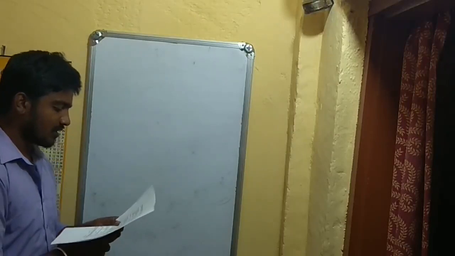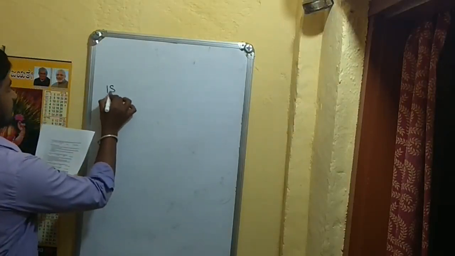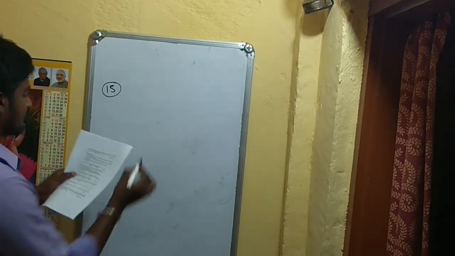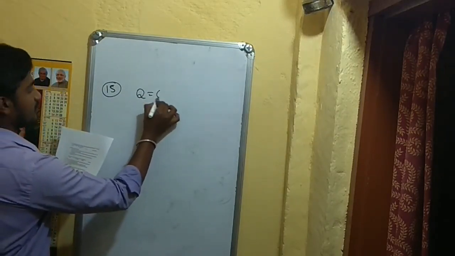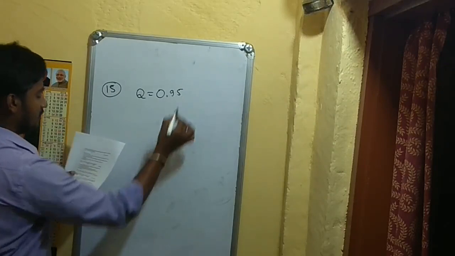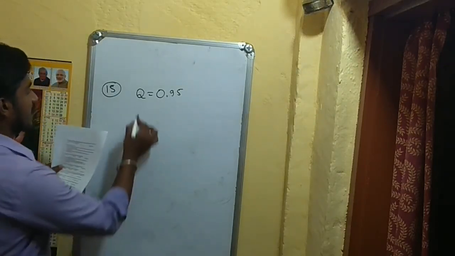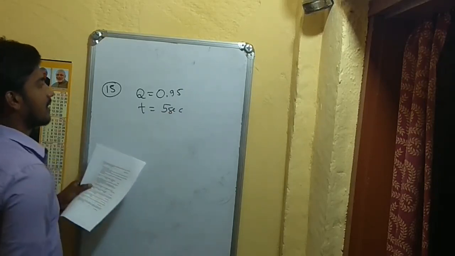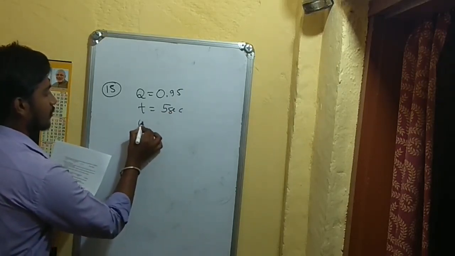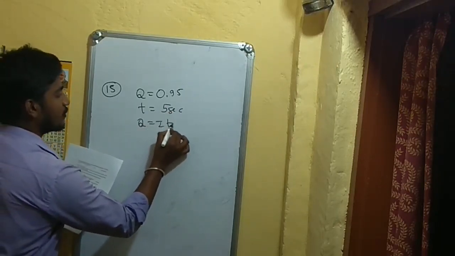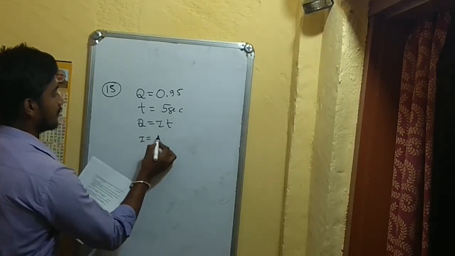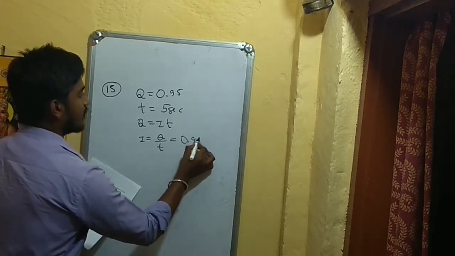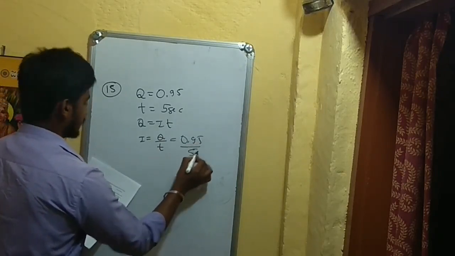15th one. What is the current in amperes when coulomb is equal to 0.95 and time is equal to 5 seconds? I know that Q is equal to I into T. I is equal to Q by T. Q will be 0.95 by 5.